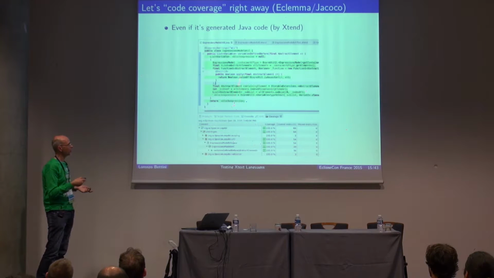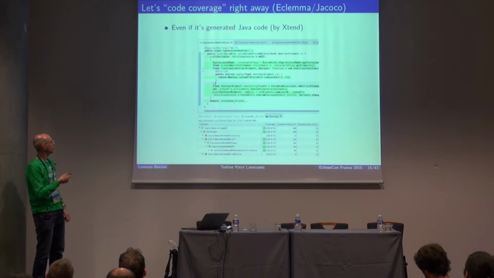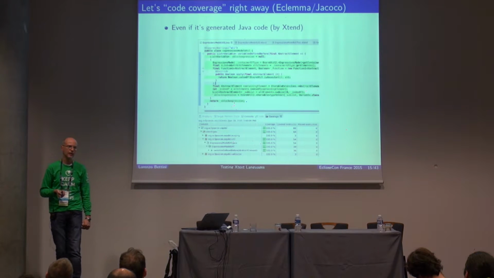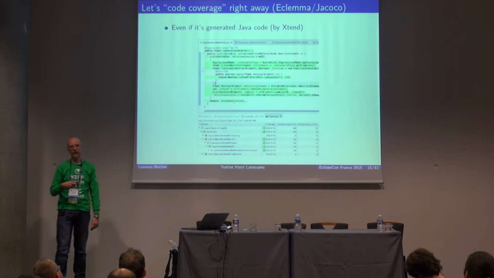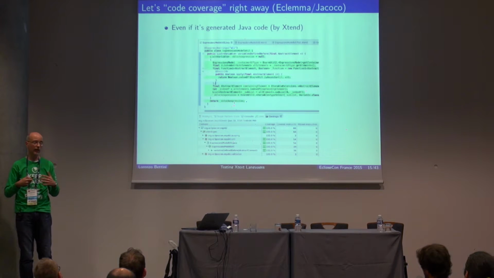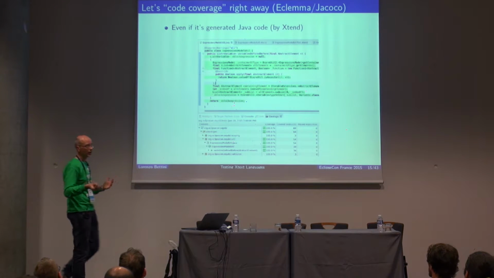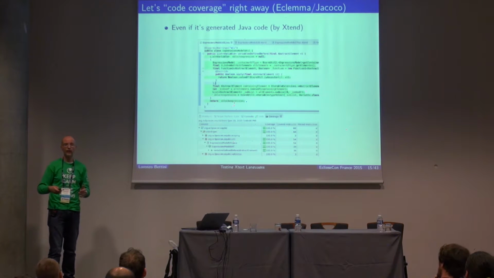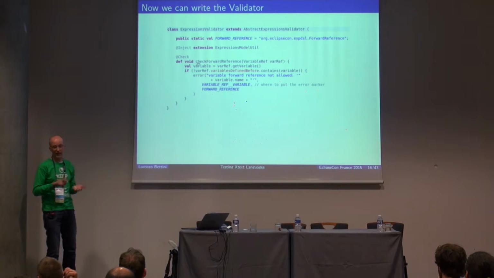So this is generated by Xtend, but it's easy to check that everything is covered. So once we are sure that the tests work correctly, that we considered all the possibilities, that everything is covered, then we go on and we go to the validation.